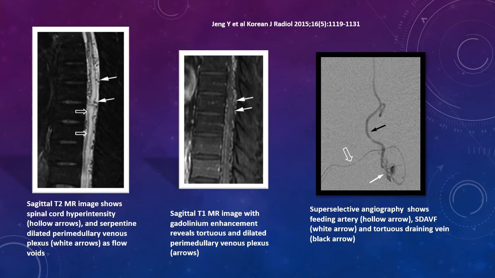And the last image is a superselective angiography showing a feeding artery, spinal dural arteriovenous fistula, and a tortuous draining vein. This is from the paper by Zheng Y et al., from the Korean Journal of Radiology in 2015.